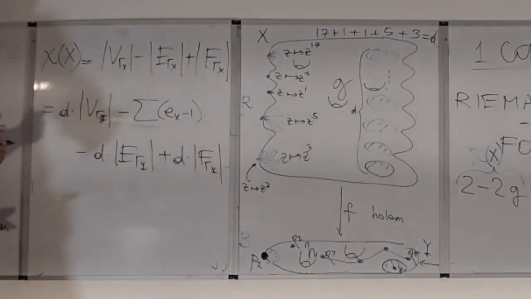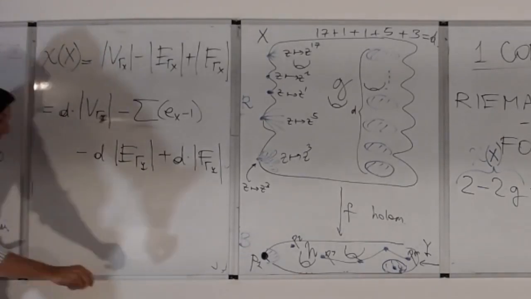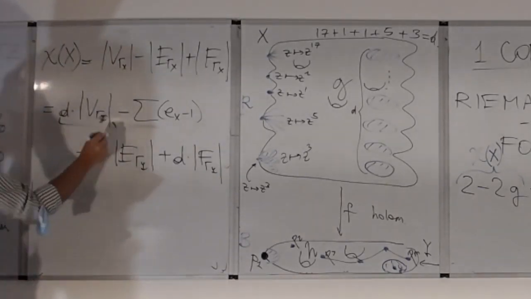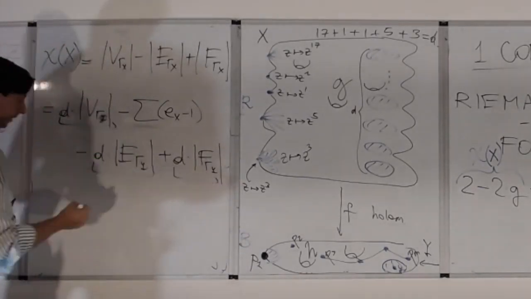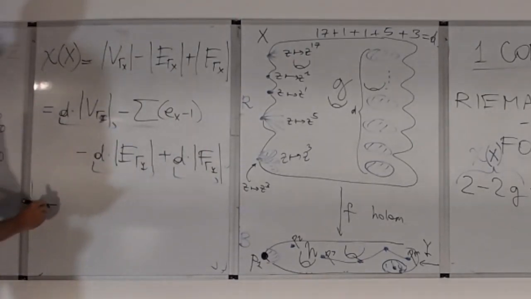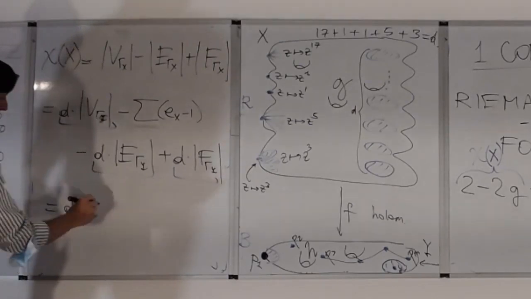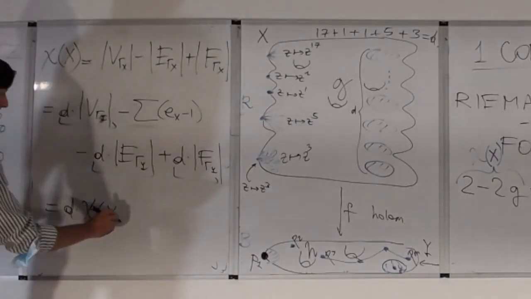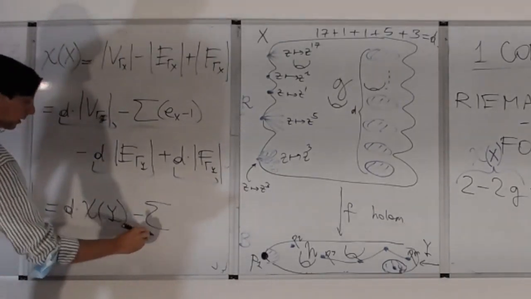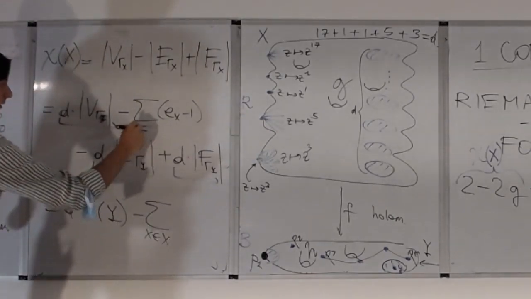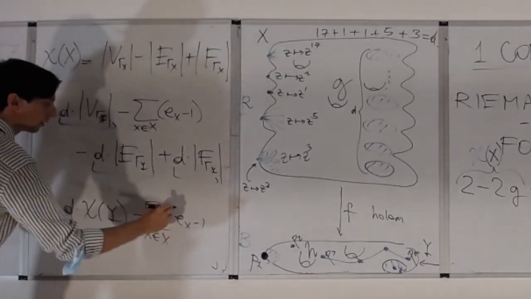So now you can repack these together, and you will get D times the Euler characteristic of your Y minus some defect in X. So that's proved.